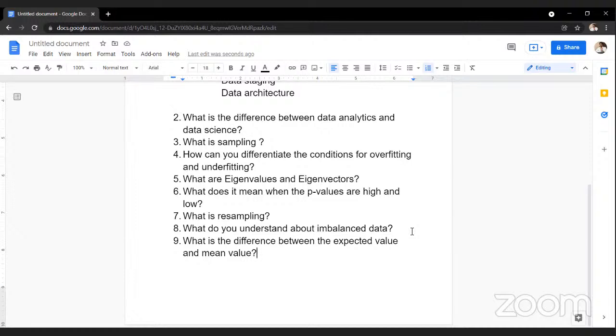Phil says mean is the average value. I didn't see any other answers. Okay, no issues. What we can understand from the mean value and expected value is that there is not much difference between the two, but it is also noted that they are used in different contexts.